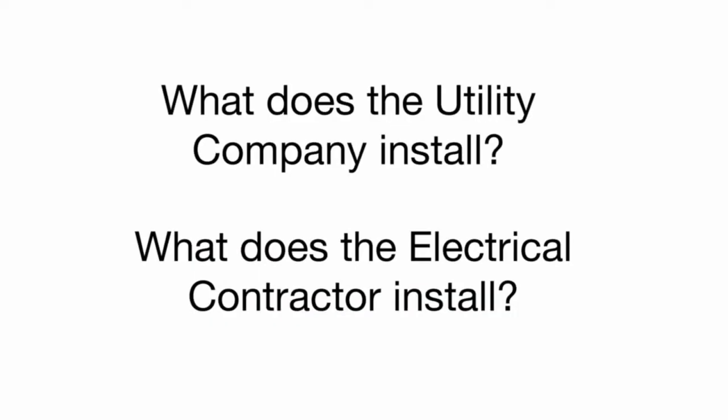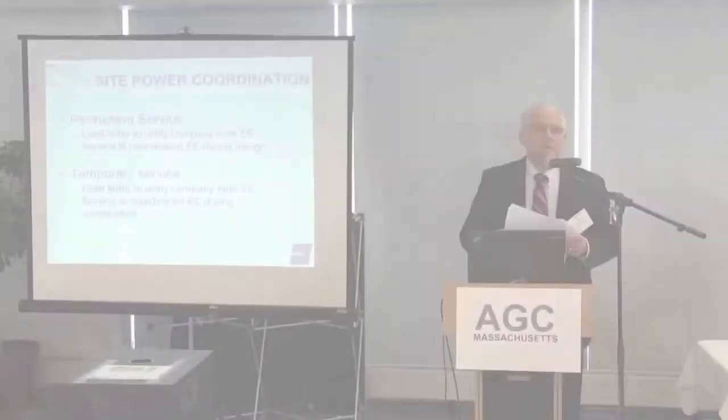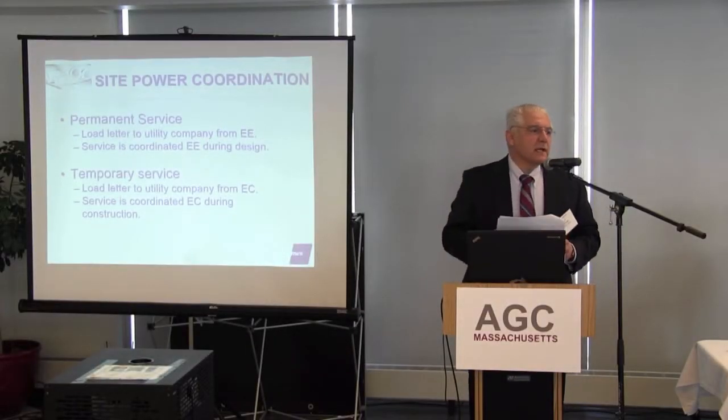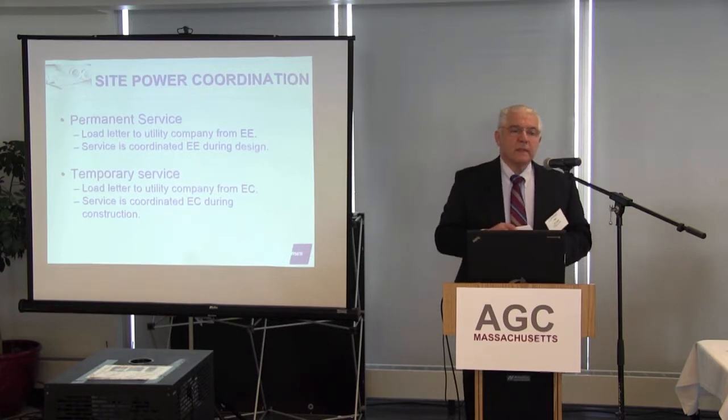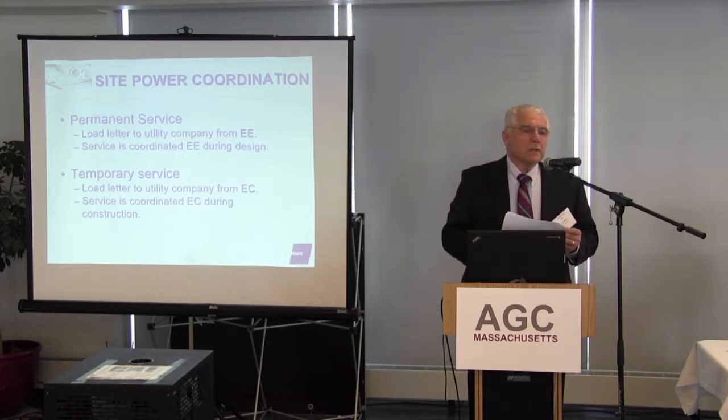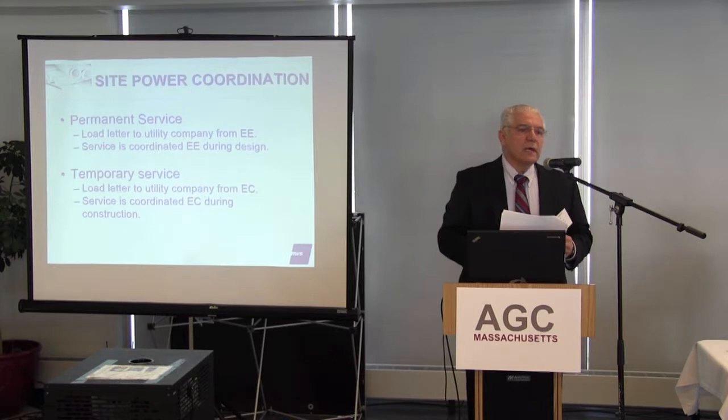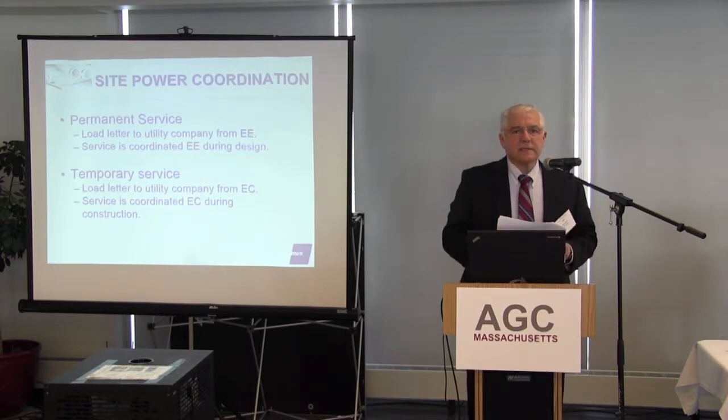So the question is, can we differentiate the requirements or the responsibilities of either the utility contractor, the utility company, or the electrical contractor? On most sites, if it's an underground service, say from a utility pole, the utility company usually has one pole on your property.